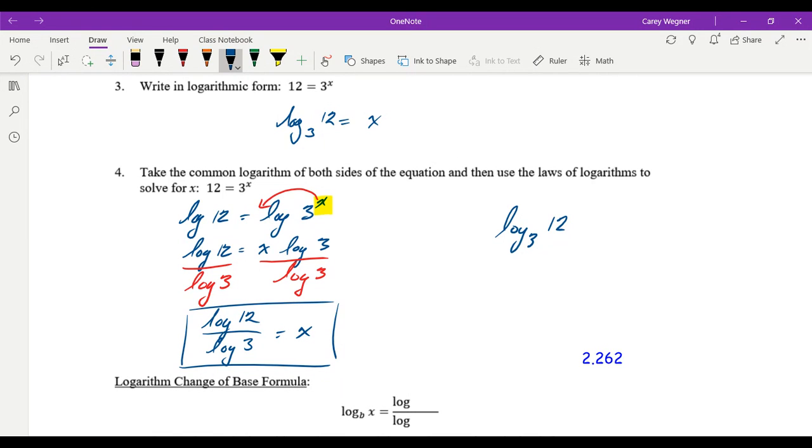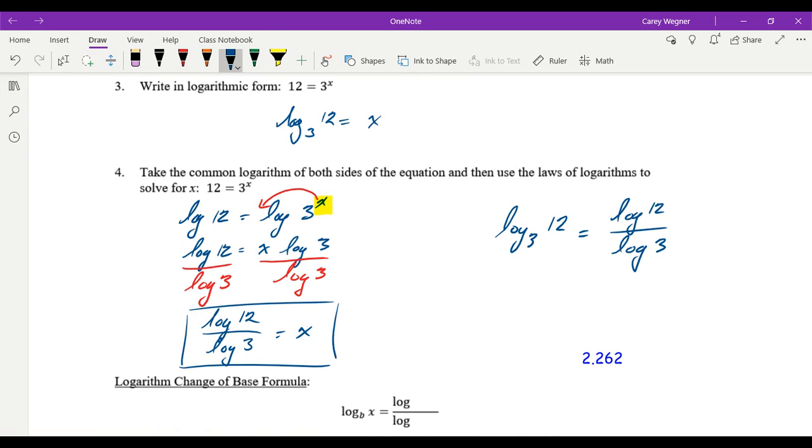Our answer for question 4 is the log of 12 divided by the log of 3. Since these are both solutions to the same equation, these two must equal each other, which is the change of base rule that I mentioned in the warm-up or in the review questions before the warm-up.